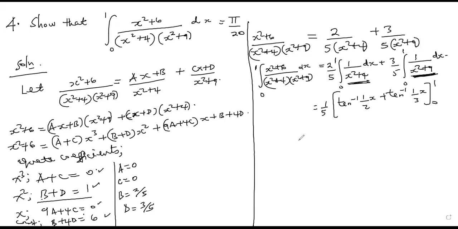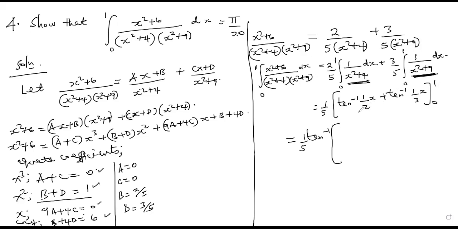this. So this is the same as a fifth tan inverse of, because tan inverse is common, so I can say tan inverse of, then work out when x is 1.